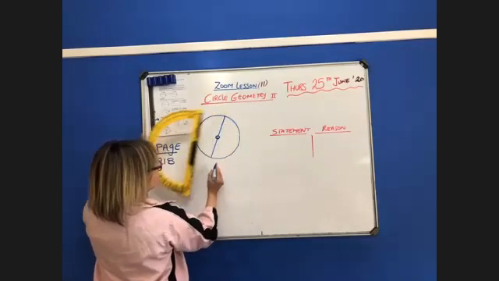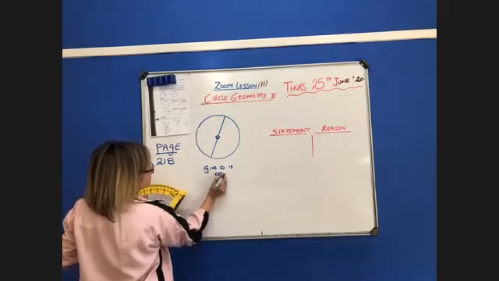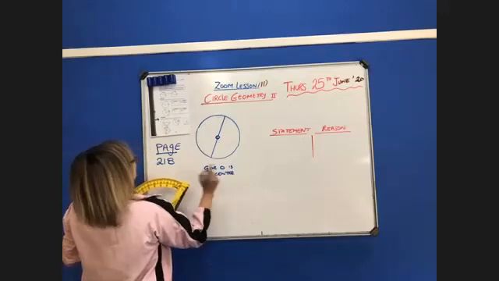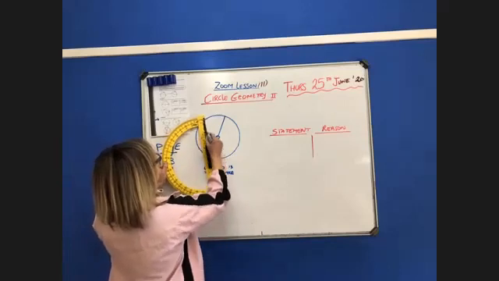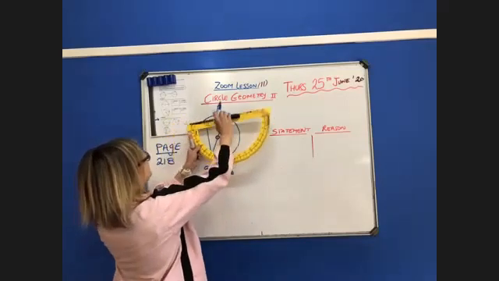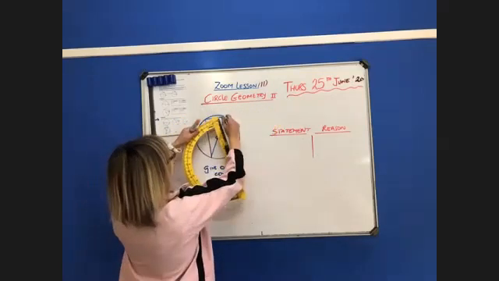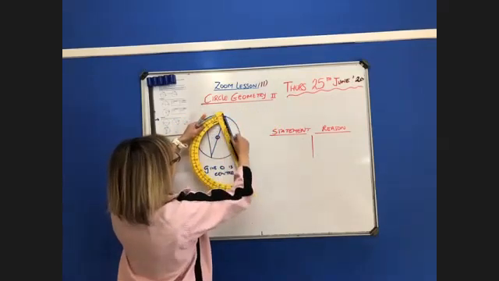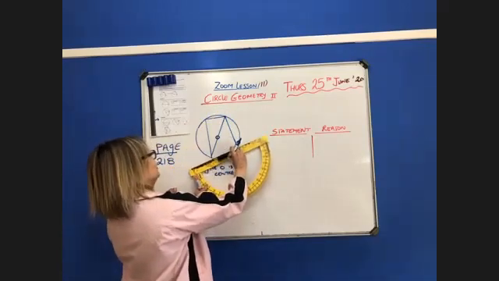I can already see it. Remember, given O is the center. Then they took a chord from there to there. Then they took a chord from there to there. Then they took a chord from there to there. And then they joined another chord. A lot of chords in this.